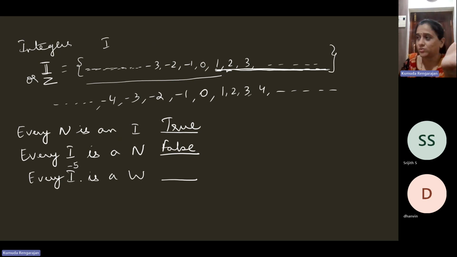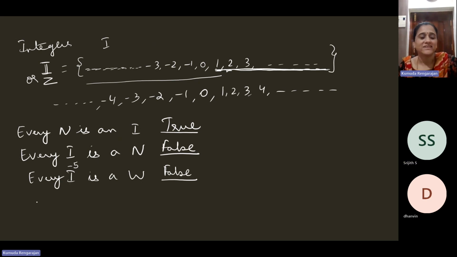But the other way is true. Every natural number and every whole number is an integer. Because what do integers have? Positive numbers, negative numbers, and zero. So every integer is a whole number. True or false? False.